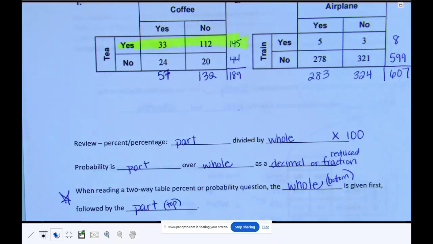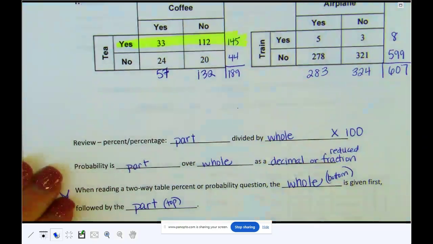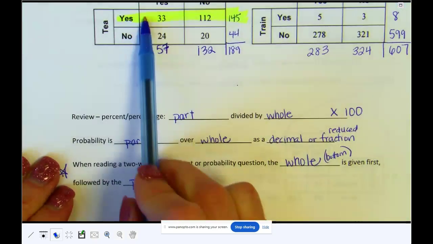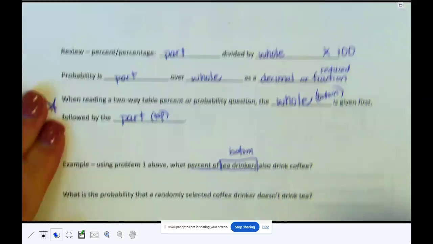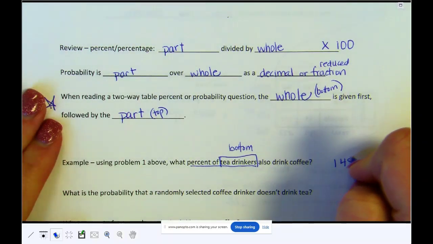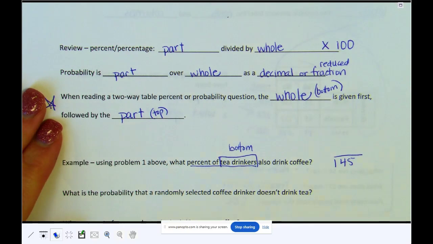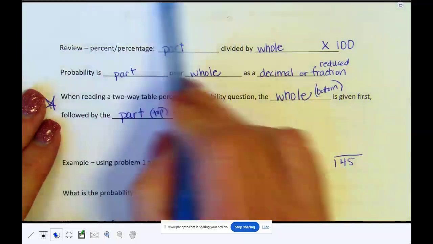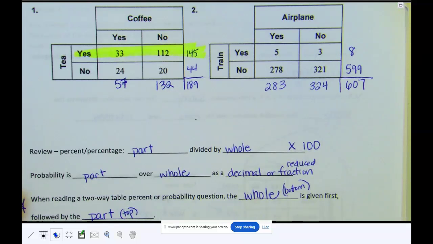So how many do we have that are tea drinkers? 145 people drink tea. These are the yes tea people. 145. We're looking at the bottom. Percent of tea drinkers, that's going to be usually a total on the outside. That's a marginal frequency.